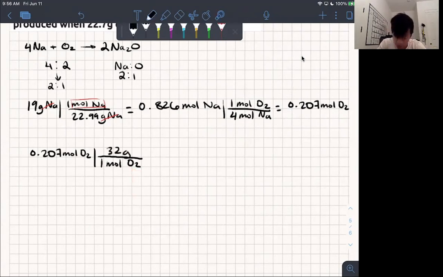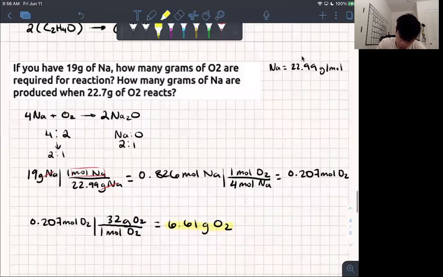That's 32 grams of oxygen gas for every 1 mole of oxygen gas. Now we multiply 0.207 by 32, and we end up getting 6.61 grams of oxygen gas. Okay, so that's the first part of the question here.